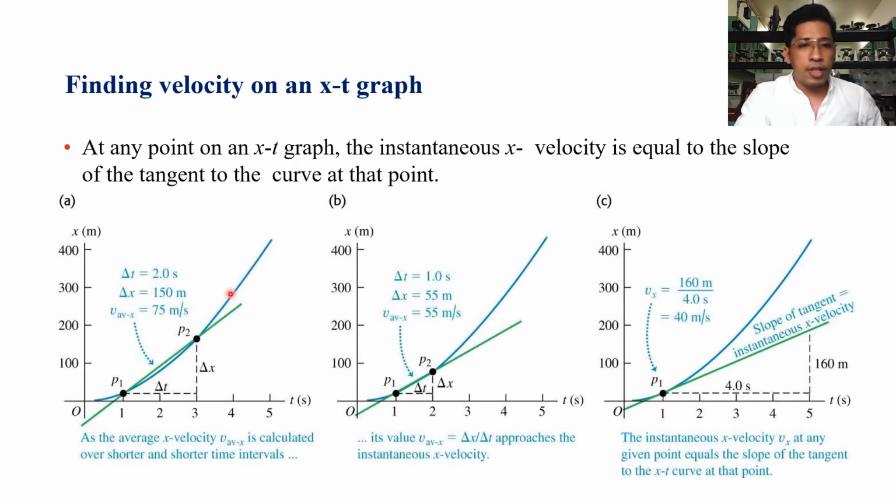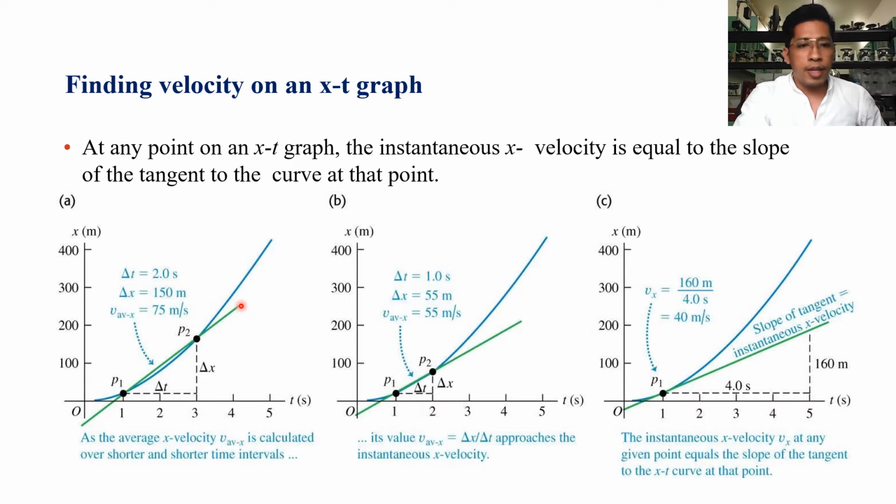Now this is what we're actually doing when we're finding the average x velocity. Consider you have 2 points at some specific time, at time 1 and then at time 2. If we want to find the average velocity, we connect these 2 points with a line, and the slope of this line is equal to the average velocity between these 2 points.